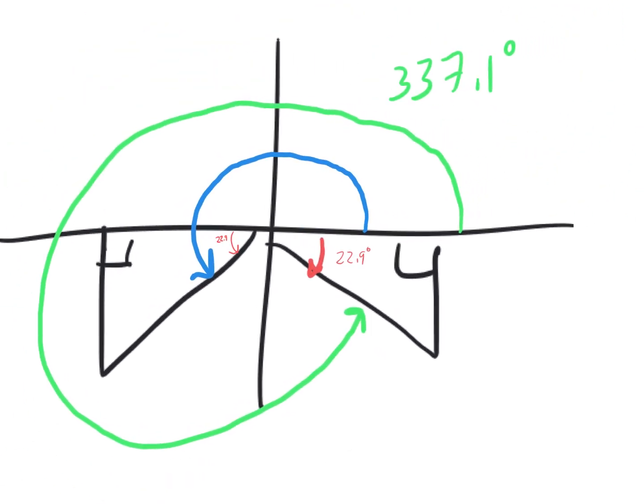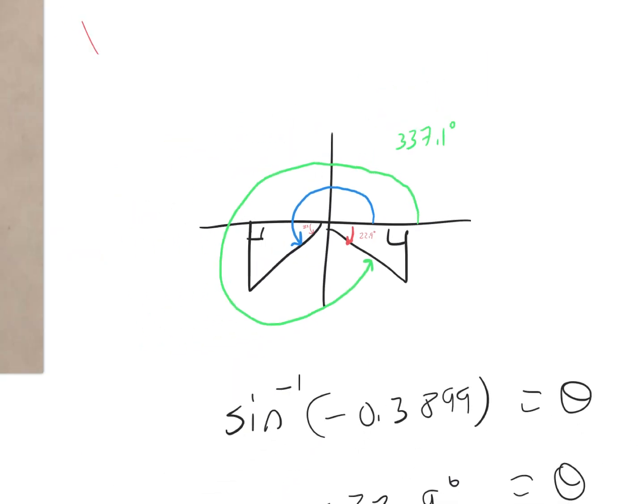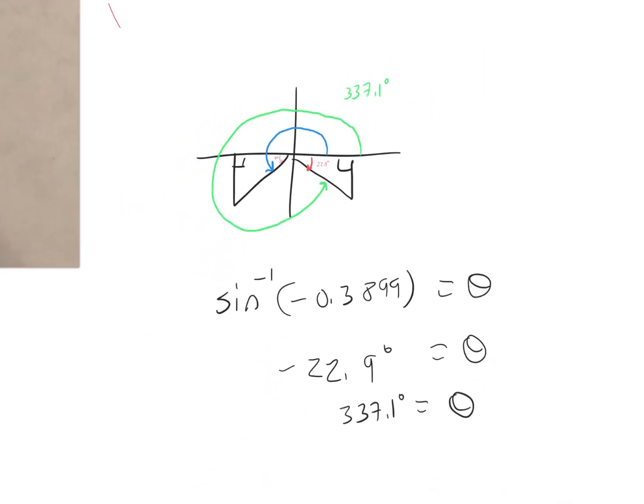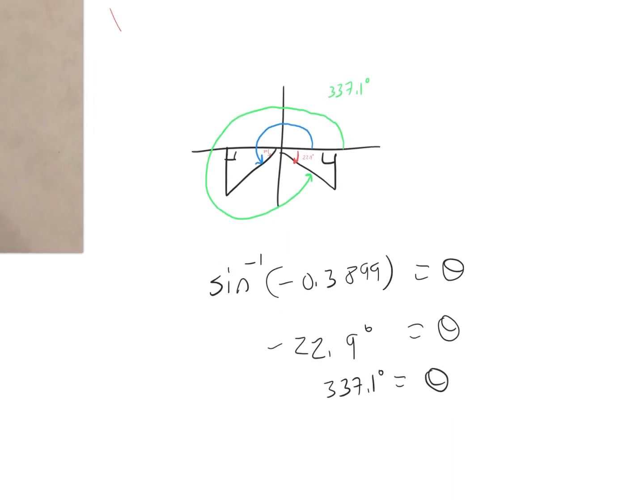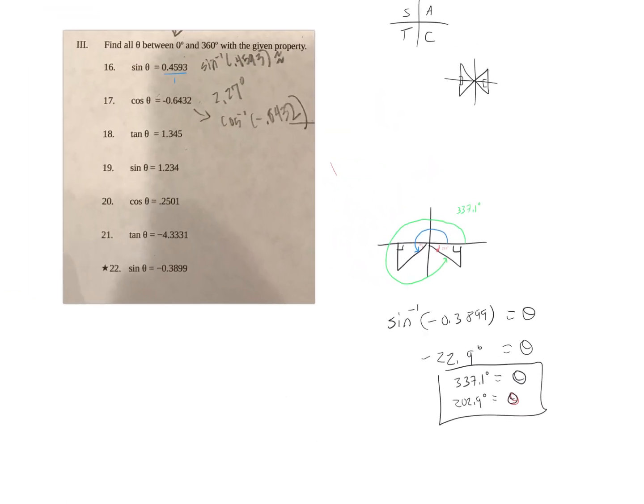So this larger blue angle would be a matter of 180 plus that additional 22.9. So 180 plus 22.9 happens to be 202.9 degrees. So these would be your answers for that last one.